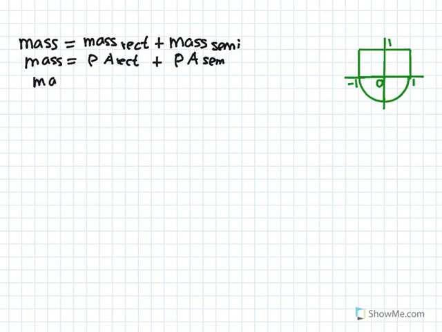So the entire mass of this plate, that means including the semicircle and rectangle, is going to be 5 times the area of rectangle, which is 2, plus density 5 and area of semicircle pi over 2. And if we simplify this, we get 10 plus 5 pi over 2.